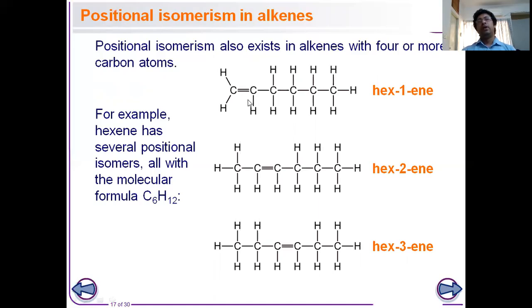In the first one, the double bond is at the first carbon, so it is hex-1-ene. The next one is hex-2-ene, and the third one is hex-3-ene. As the positions of the double bonds, as I already mentioned, are different, these are called positional isomers.